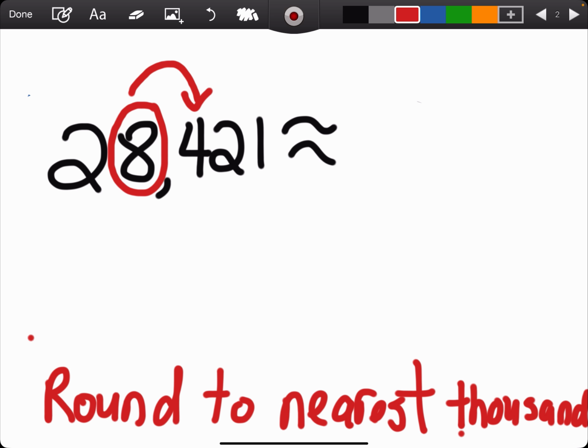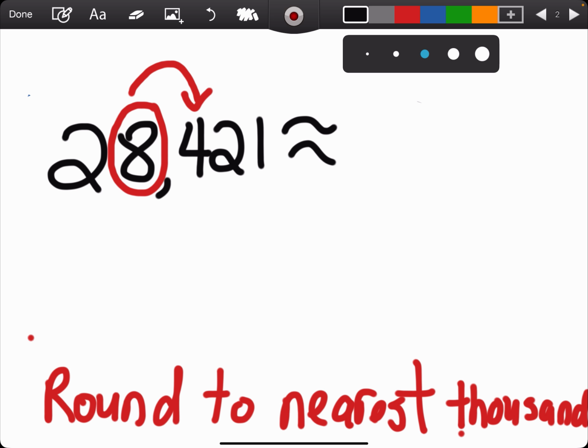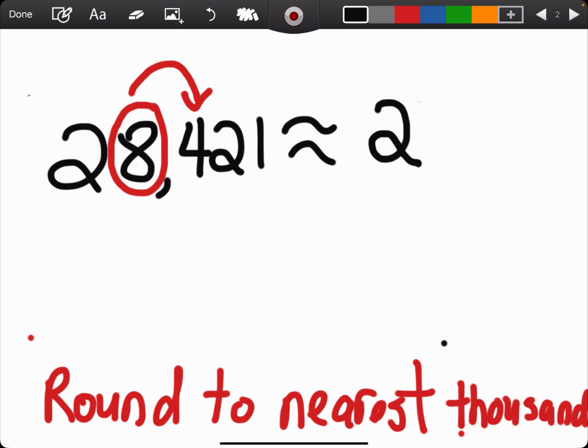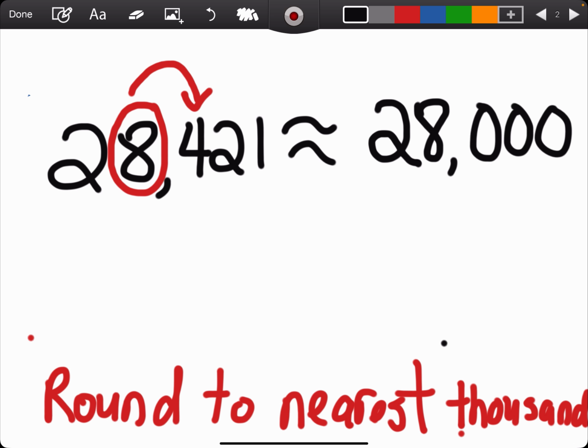Does the 4 tell the 8 to go up to the 9 or stay down low? The 4 tells the 8 to stay down low. So when I rewrite it, the 2 in the 10,000s place doesn't change because I didn't even look at that place value to the left. The 8 is staying down low, 28,000, and everything else becomes a 0.